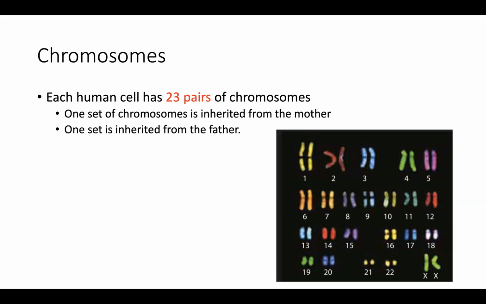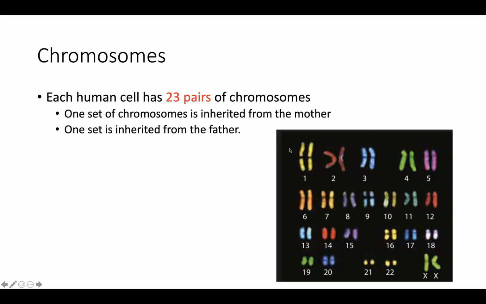This is because we inherit a set of chromosomes from mom and a set of chromosomes from dad. So 23 pairs of chromosomes means that we have how many chromosomes in total in our somatic cells? 46. 46, thank you.